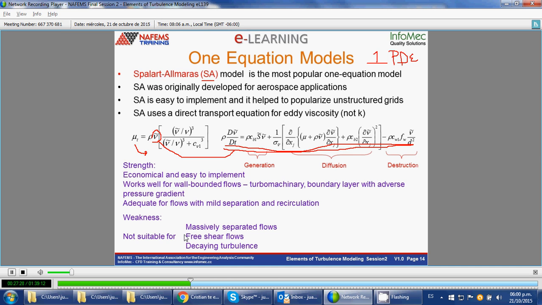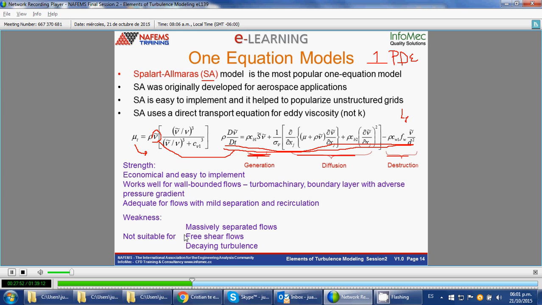So one equation model is used, and again it has three terms in it: the generation of the turbulence, diffusion of the turbulence, and destruction of turbulence, in a dissipation wise. So now you have one equation, and it gets away from K, which is nice, and it doesn't need that length scale that we were talking about, the L mu.